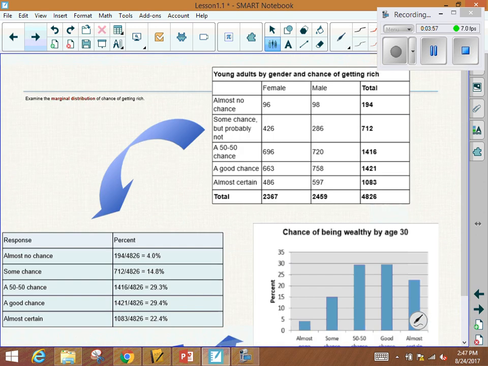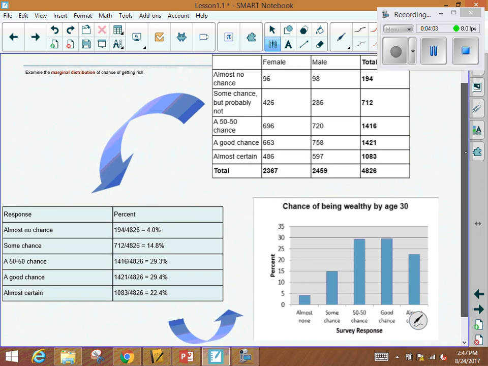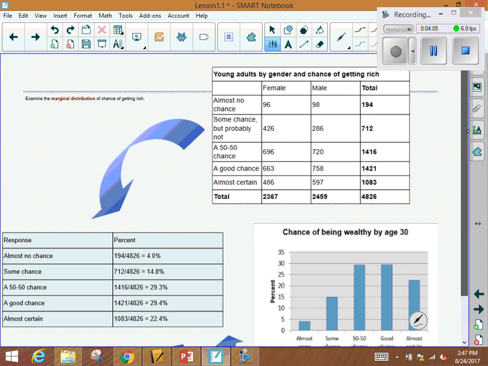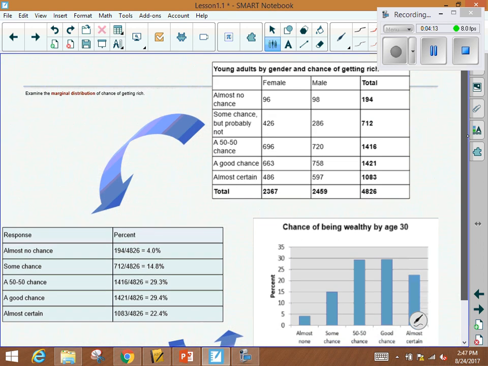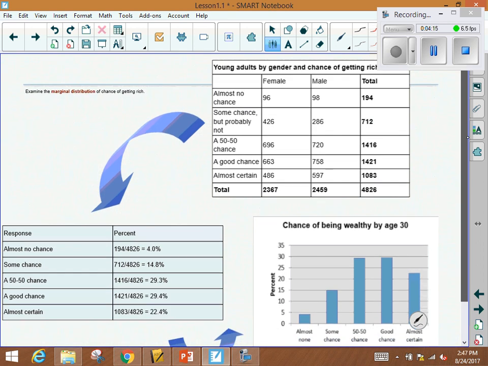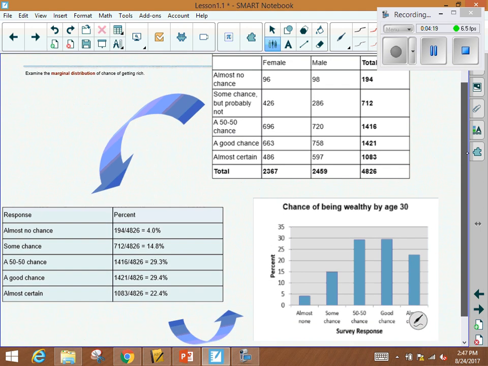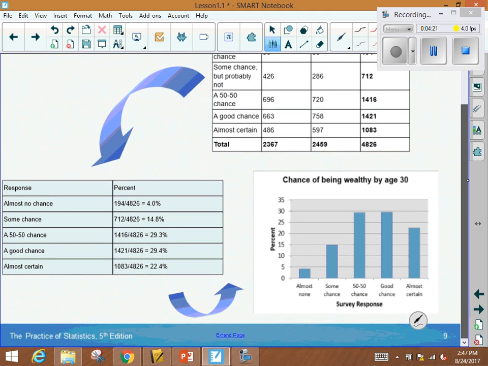So we're going to look at the marginal distribution of the chance of getting rich. What are we doing? We're taking away the category male and female and just looking at our totals. We can also calculate some percentages based on those totals, as you see on the left. And then we can just do straight up counts and get a histogram.